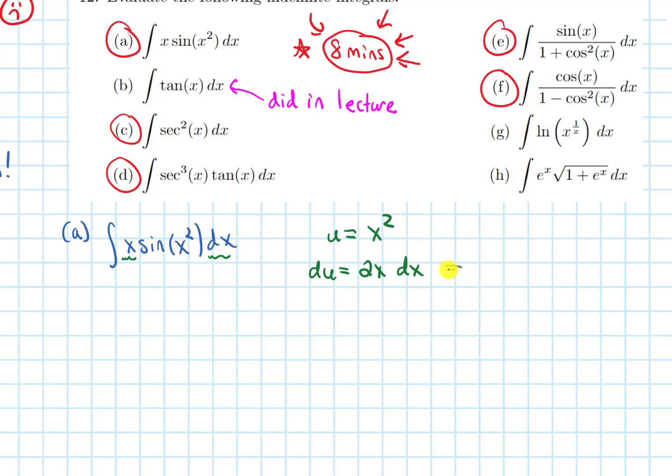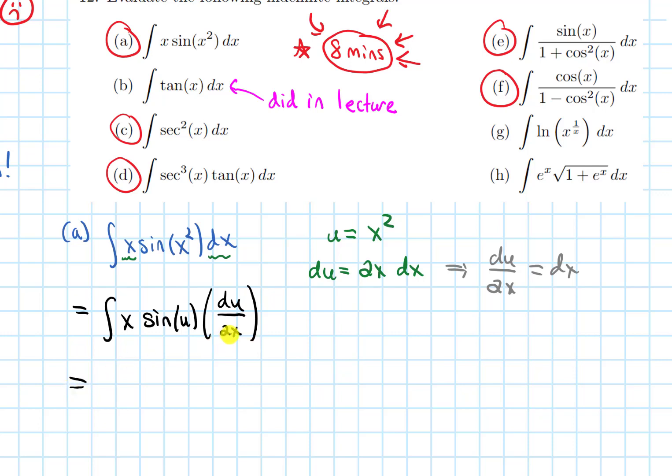Alright, so now let's rearrange this. Let's get dx by itself. So du over 2x equals dx. And if we plug in, we'll get this integral of x times sine of u. And my dx is du over 2x. So the x's are going to cancel. I can bring the 2 out to get a 1/2 integral of sine of u du.